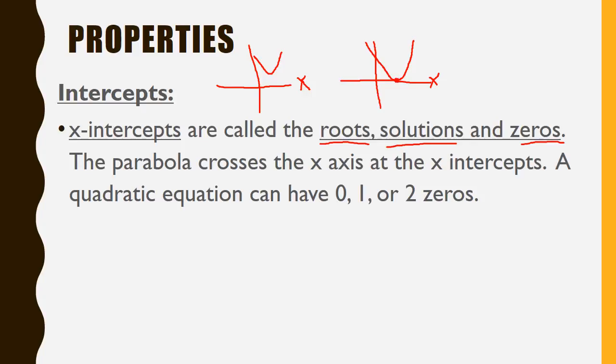And in this case, the parabola has 1 solution, or 1 zero, or 1 root, or 1 x-intercept. And this is another example where the parabola has 2 roots, 2 solutions, 2 x-intercepts. So a parabola can have no solutions, 1 solution, or 2 solutions.